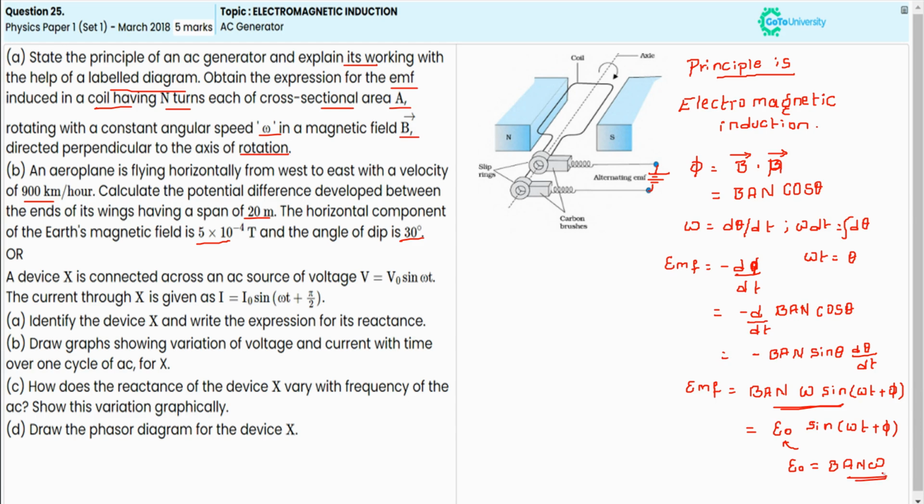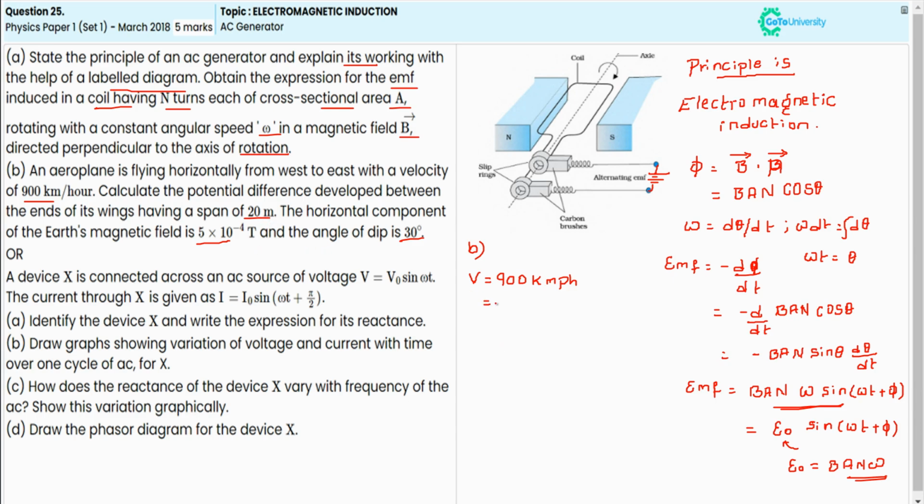Coming to the second part of the question: an aeroplane is flying horizontally from west to east with a velocity of 900 kilometers per hour. In part B, the velocity is given as 900 kilometers per hour. We need to convert it to meters per second because the wingspan is given in meters.